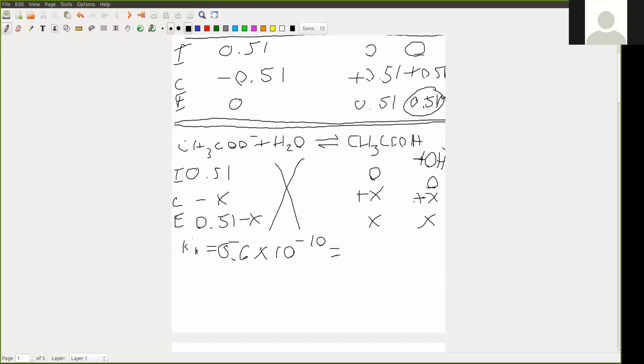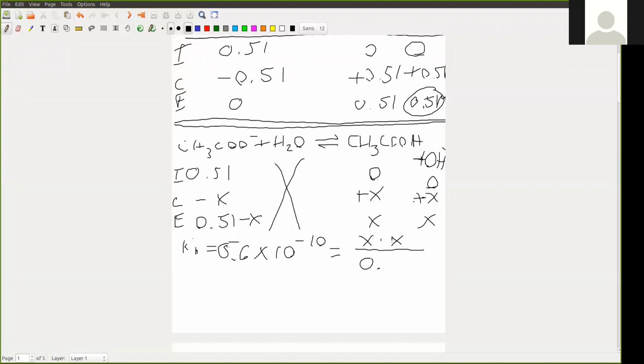So we have 5.6 times 10 to the minus 10, and we can set that equal to what we know to be products over reactants. So that would be the concentration of acetic acid, which in this case is X, times the concentration of hydroxide, which in this case is X. So that gives us X squared at the top, over our reactants, which we're only considering the acetate ion.